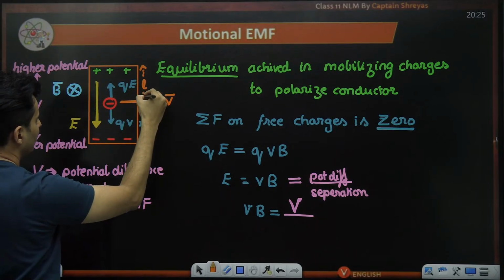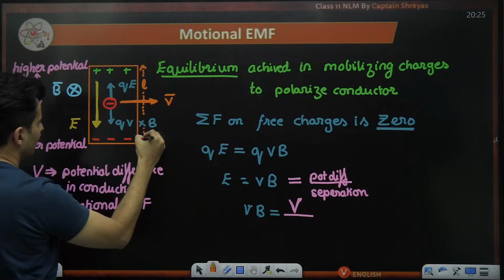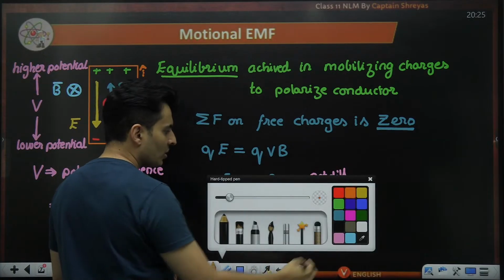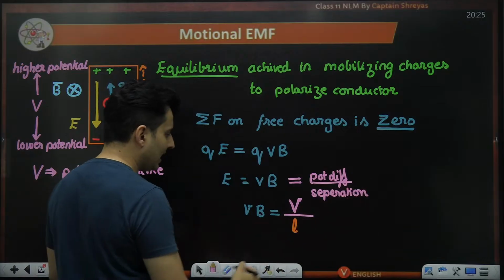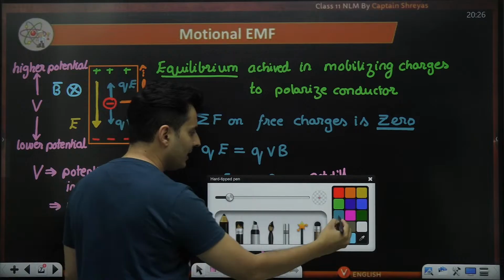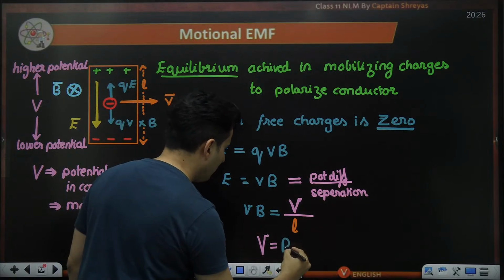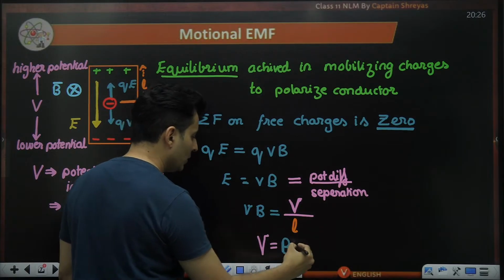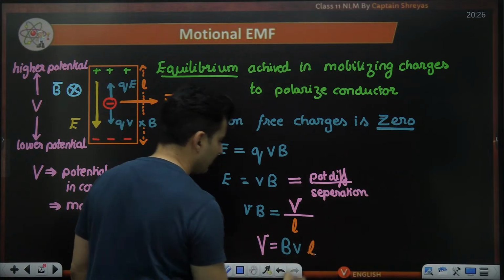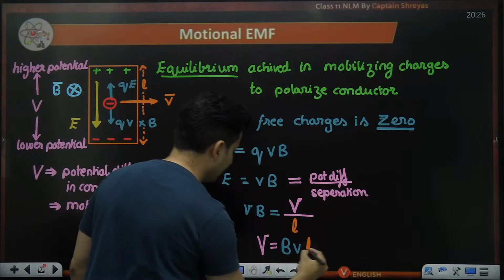So let's say that length of that particular conductor is L. So that L will come over here. If I move this slightly around, this particular voltage difference will be nothing but B into V, and then comes that length.